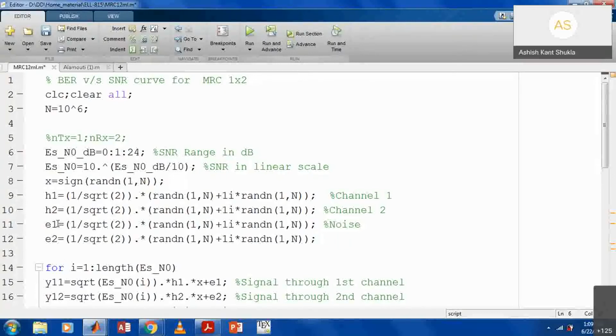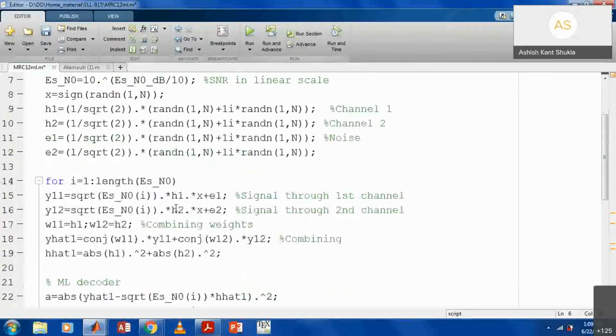E1 is the noise for the first receiver, and E2 is the noise for the second receiver. Till now, I think everything is clear to everyone. Next is transmitting our symbol. This Y1 is the signal received at the first receiver. It will be square root of Es/N0 into H1 into X, and we have also added the noise E1.